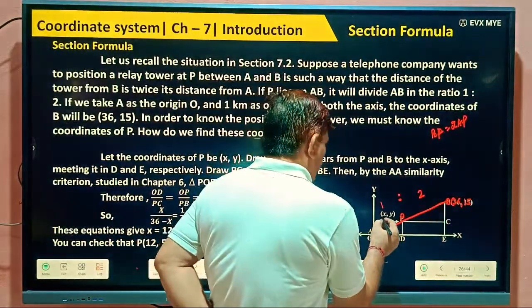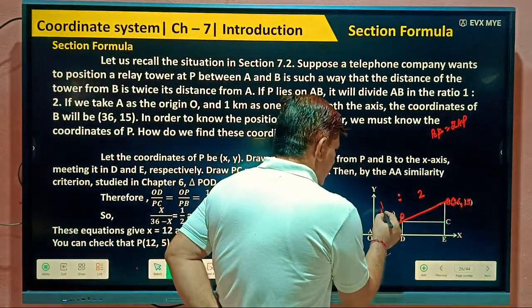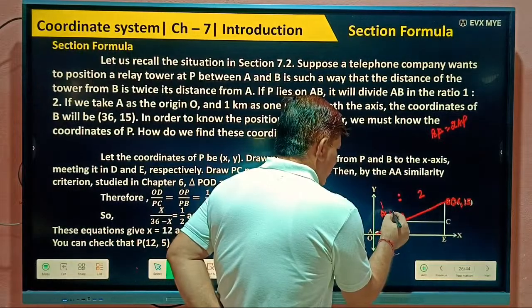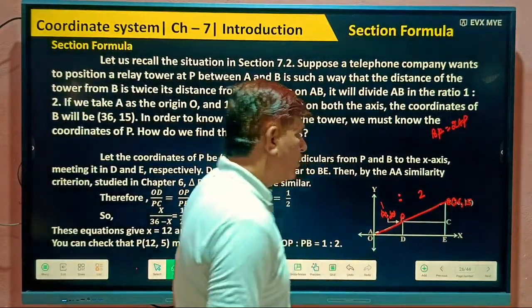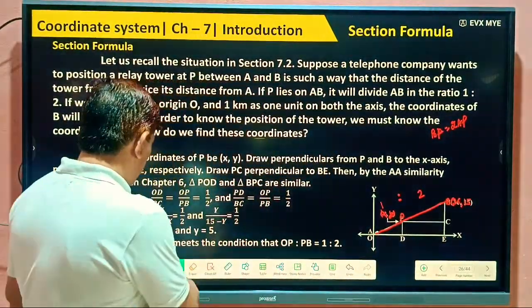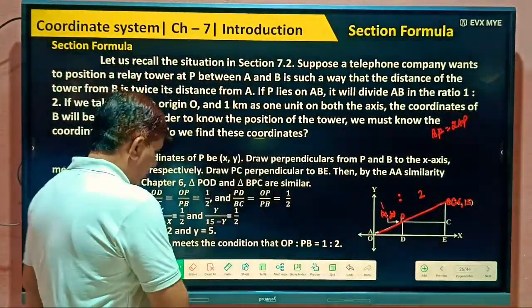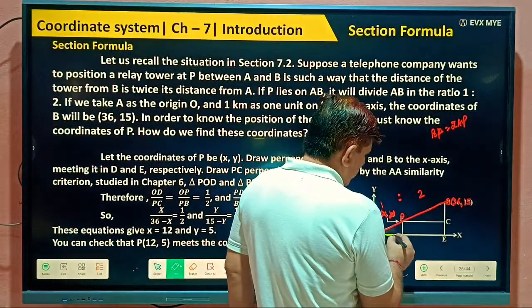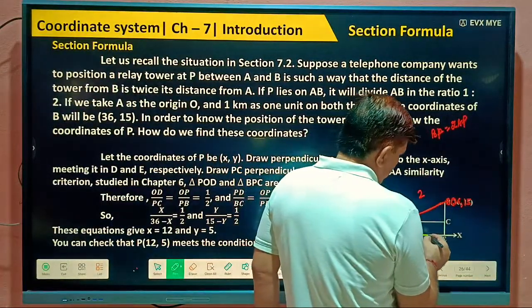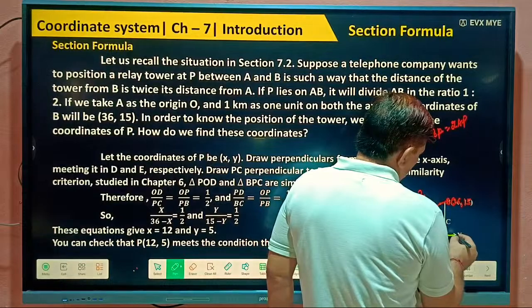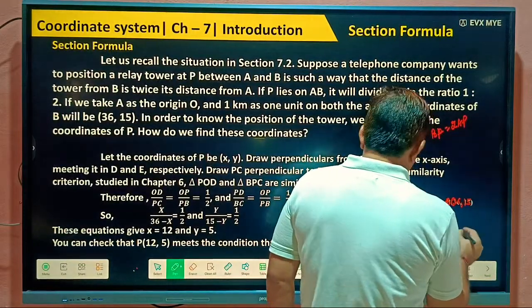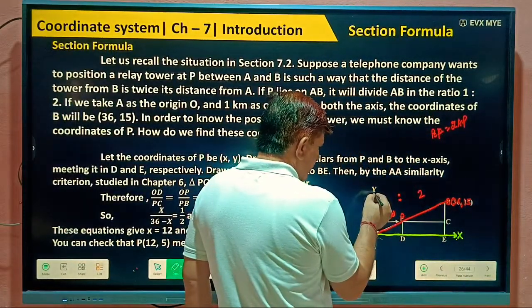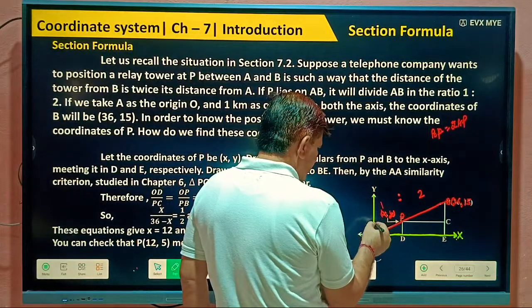Let its coordinates be x and y. O is the origin. This is the x-axis, this is the y-axis.